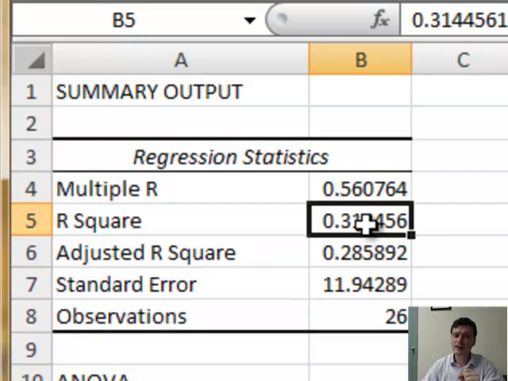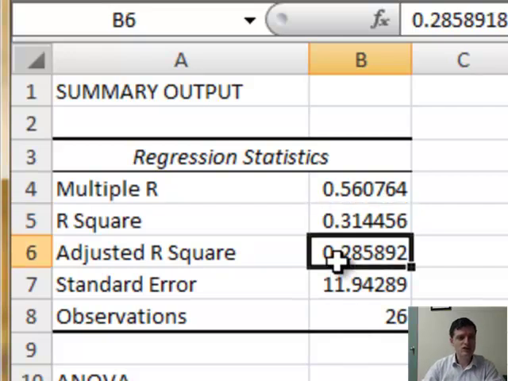And that, in terms of percentage, is 31.45%. So 31.5% of the variation in the scores in the exam is explained by the number of hours studied. That's a good portion, right? Almost 1/3 of the score is actually dependent on the number of hours that you studied.